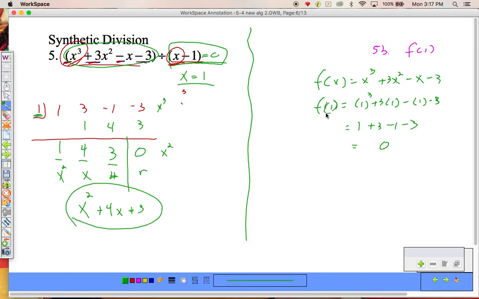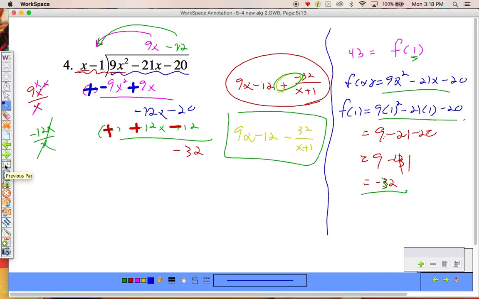So when I plug 1 into this function, I get a remainder of 0. I get an answer of 0. So what I'm trying to show you: if this number is 1, f of 1, and I take that 1 and substitute it into all those x's, I got an answer of 0, which is also my remainder.